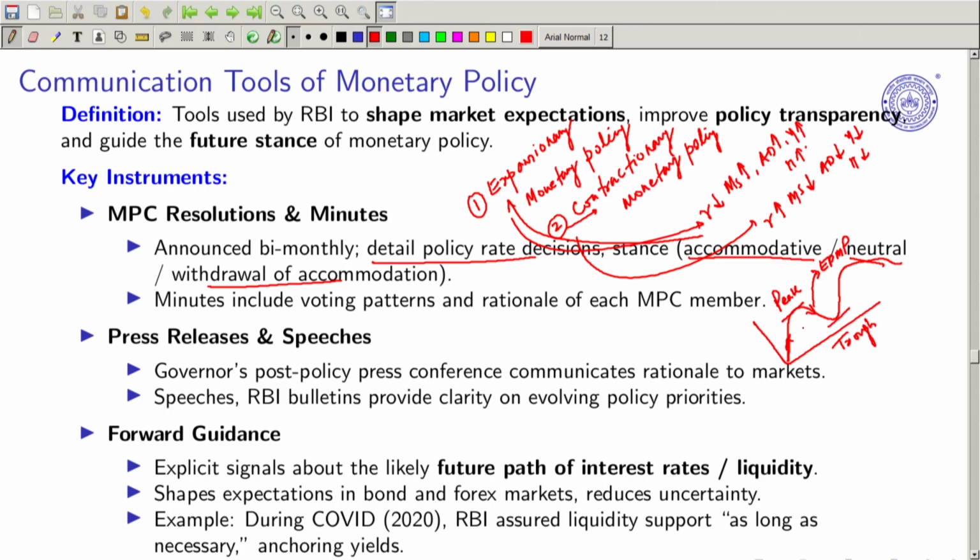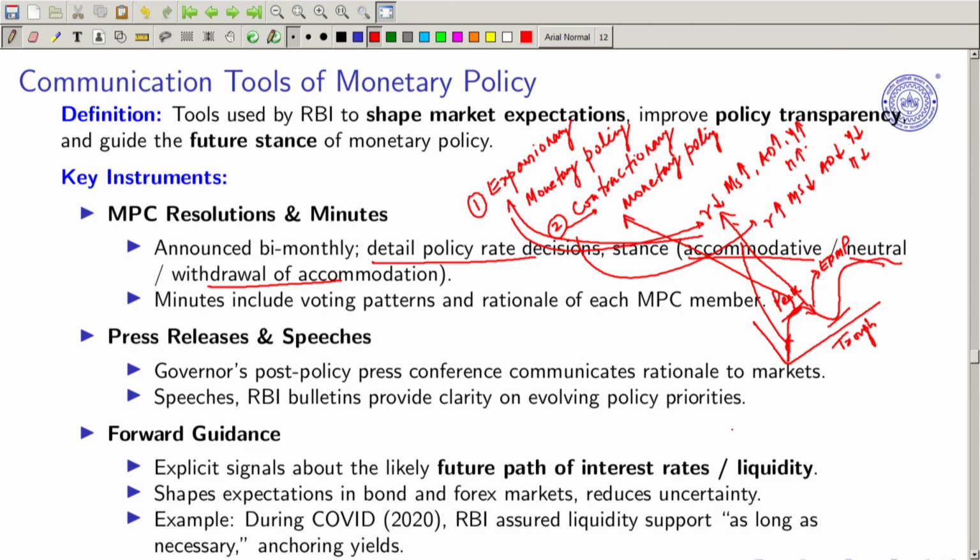When the economy is going down, the money supply stance will be this, and when it is recovering it could be at this level, but when the economy is at the peak, then it is certainly contractionary monetary policy.